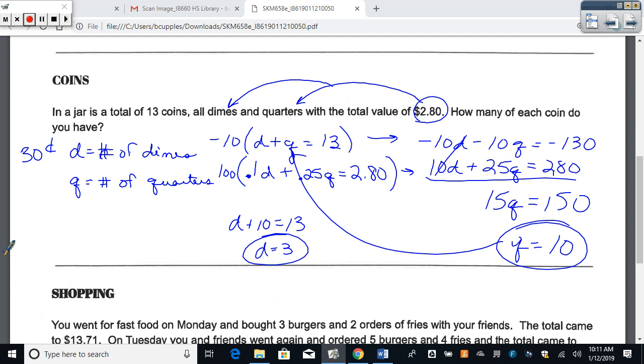And if you have 10 quarters, you have $2.50. Well, 30 cents plus $2.50 gives you $2.80, okay? So the important thing here is this right here. When you're setting up to have the total value of the cost, you need the value of each individual cost as part of your equation, okay?